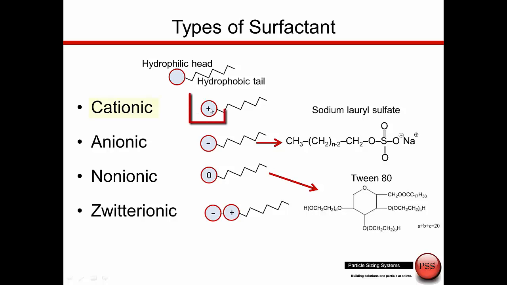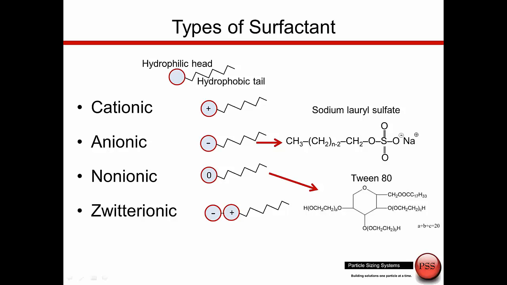If the hydrophilic head has a positive charge, then that is a cationic surfactant. An anionic surfactant has a negative charge in the head group. If there's no charge in the head group, that is a non-ionic surfactant. And there are actually surfactants that are both positively and negatively charged in the head group, and we call these zwitterionic.